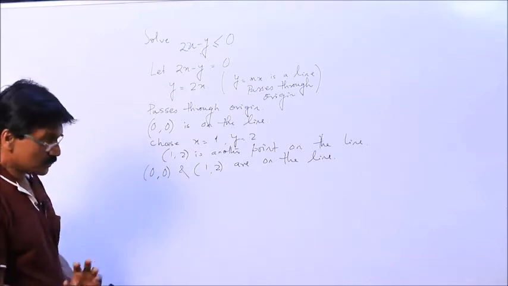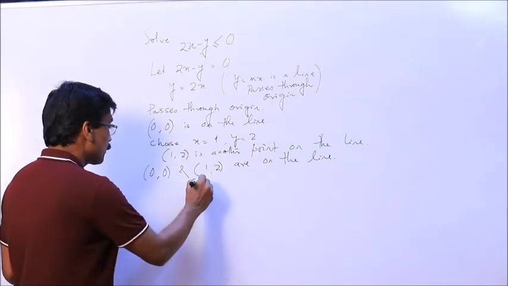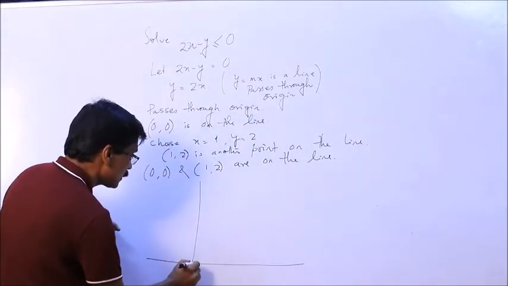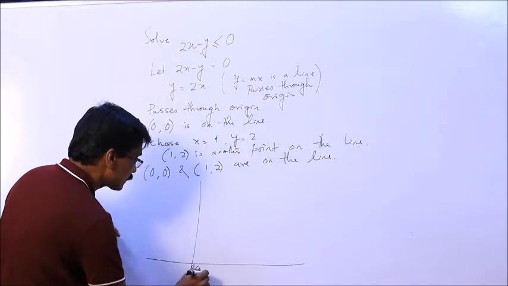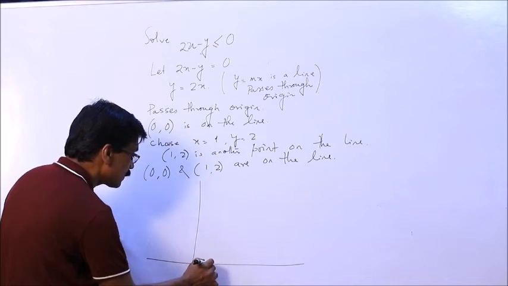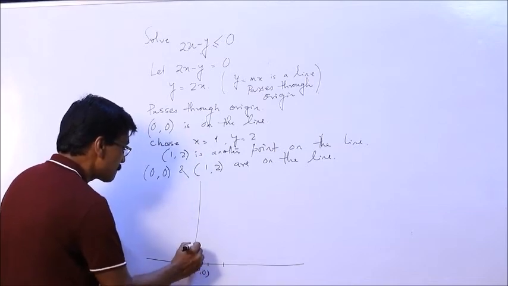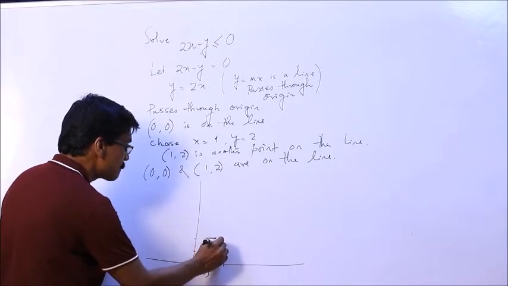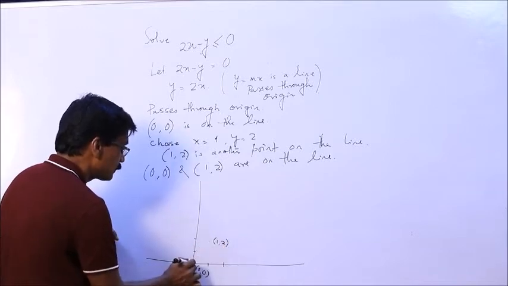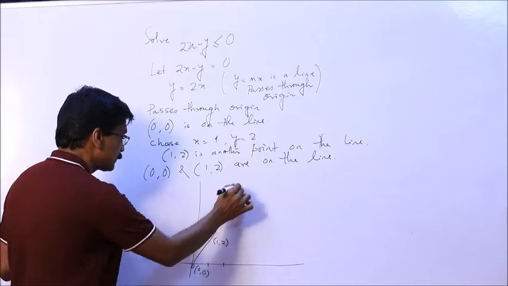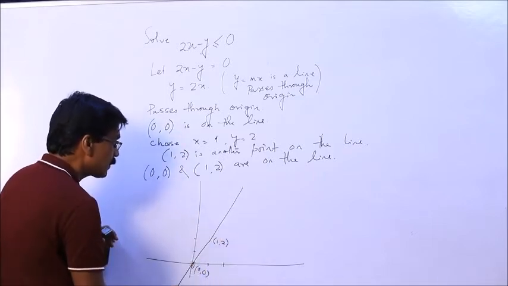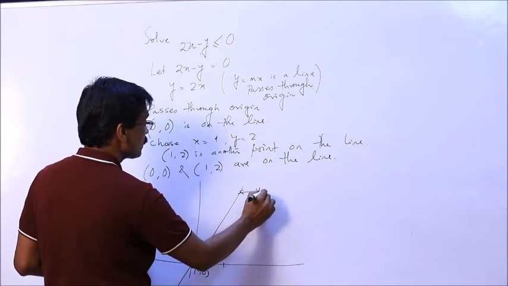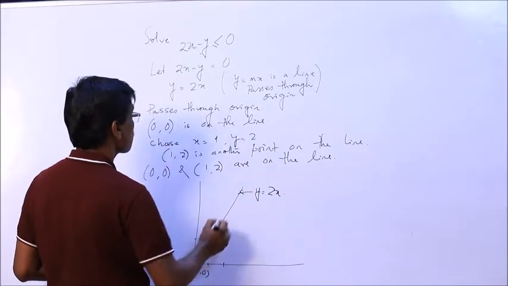Next, to plot the graph, that is origin 0 0. So, we can plot this line, that is y is equal to 2x.